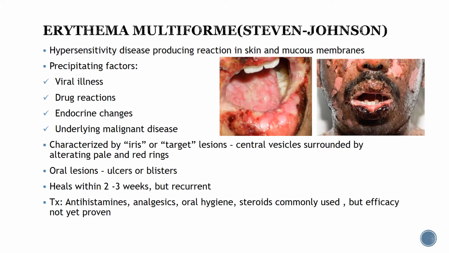Oral lesions are composed of ulcers and blisters, and this heals within 2 to 3 weeks, but these are recurrent. Treatments are antihistamines, analgesics, oral hygiene, and steroids, which are commonly used, but efficacy is not yet proven. We also give antibiotics for this type of patient as prophylaxis.